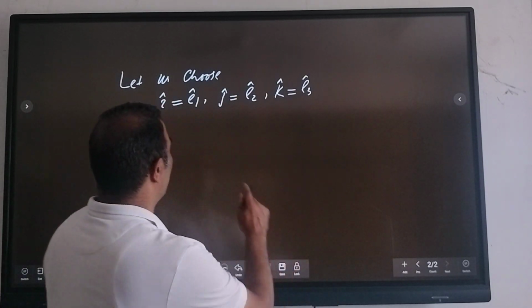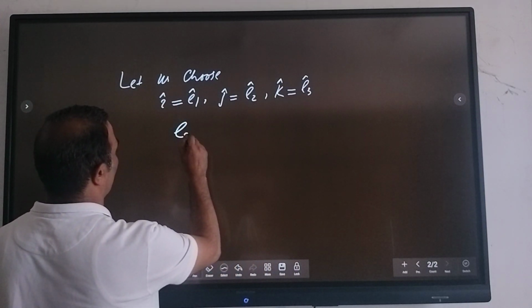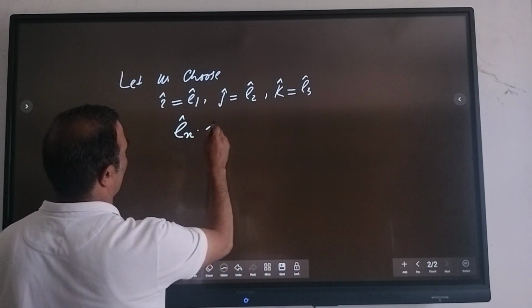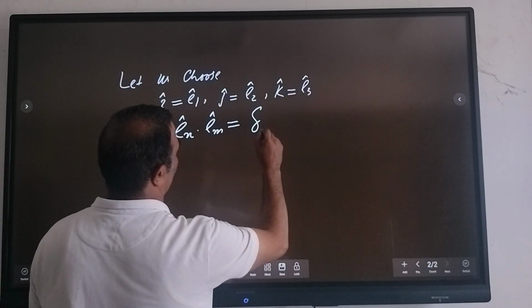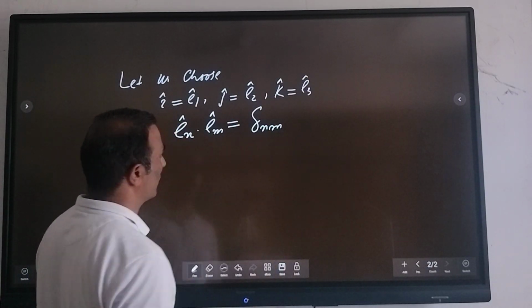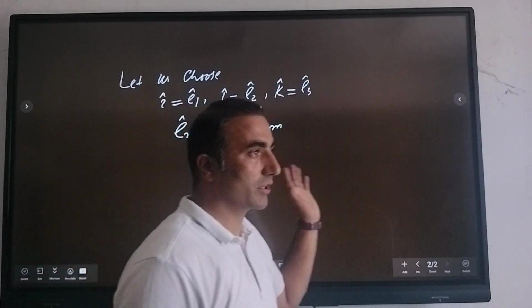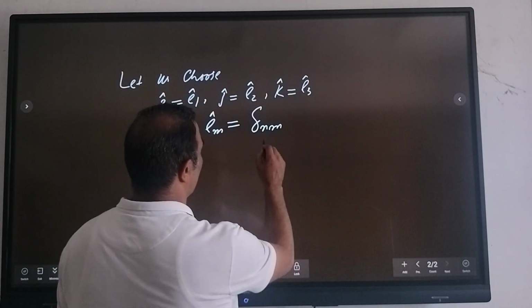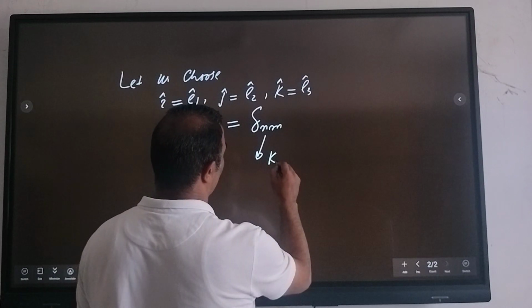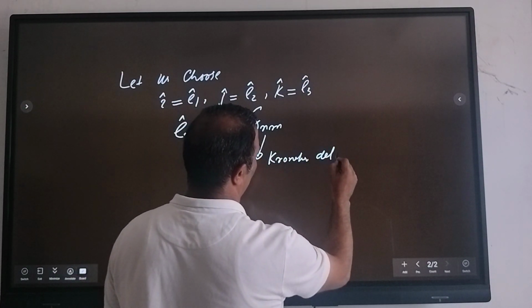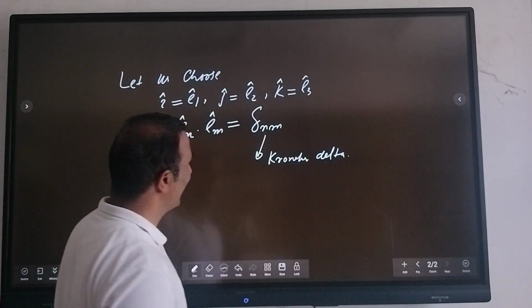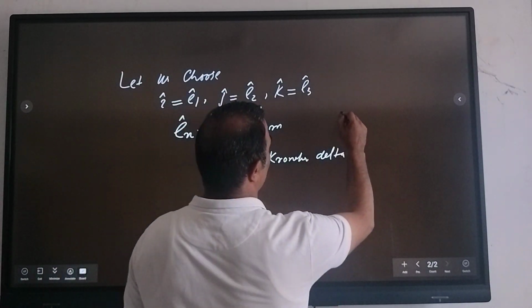So I can write that you take the dot product between the vectors, and that is equal to this canonical delta, right? With n and m.